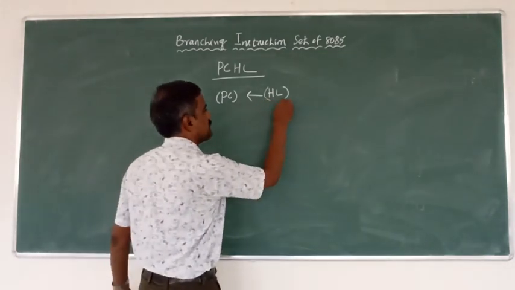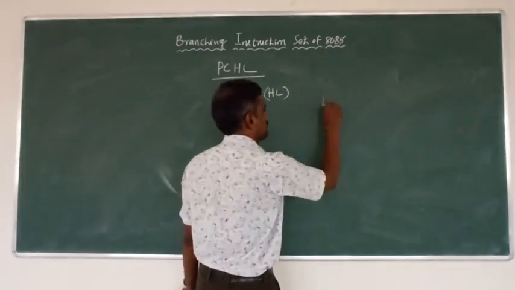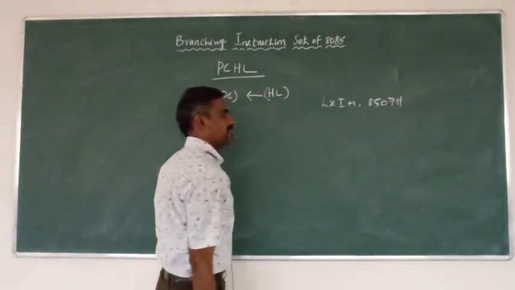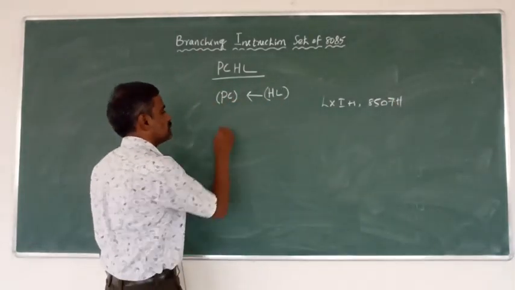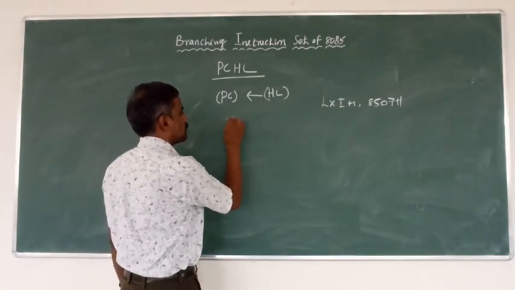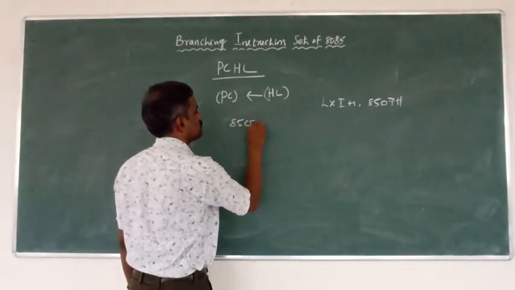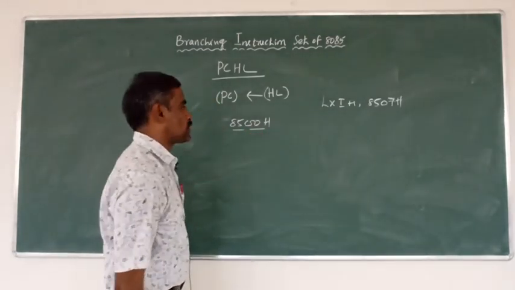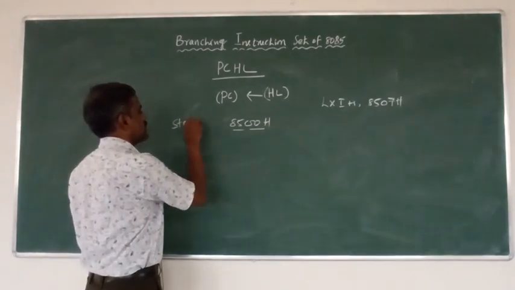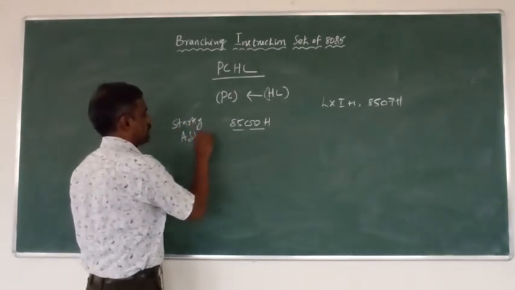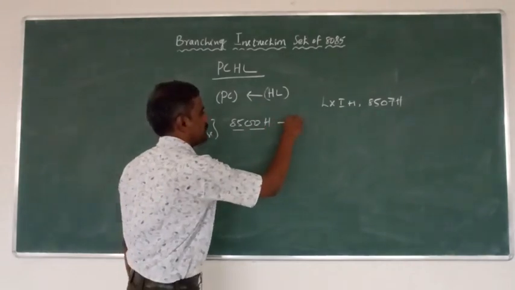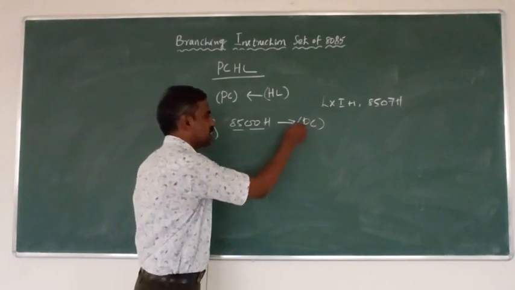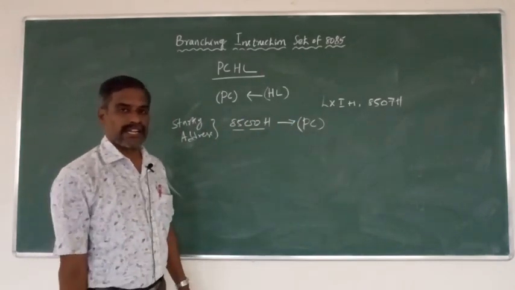Suppose, for example, LXI H, 8507H, but the program address is 8500H. Okay, the 8500 is the program starting address. Now this address will be loaded into the program counter. Now the program counter will execute this address location data.